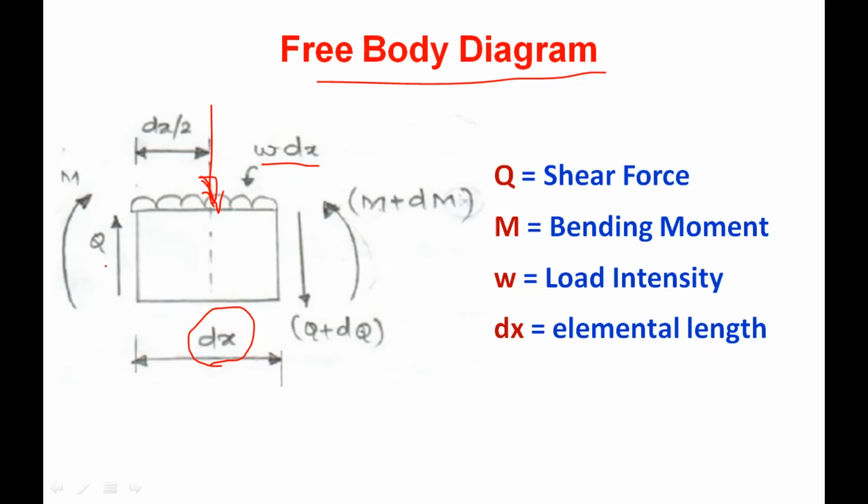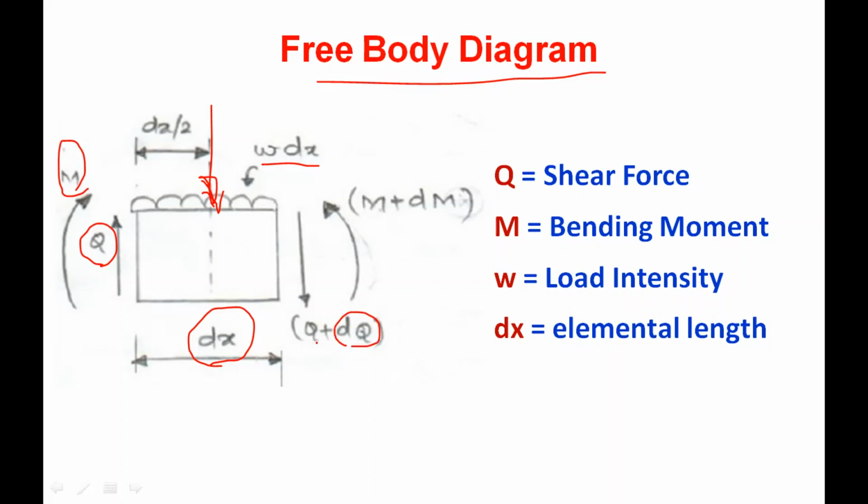We have to consider the shear force and the bending moment with the usual notations. We are going to assume the left side upwards, right side downwards, and here we are applying the positive bending moment. When you consider the shear force and bending moment, in the left hand side the shear force value is Q, and in the right hand side the shear force value will have some small incremental change, so that incremental value is considered as dQ.